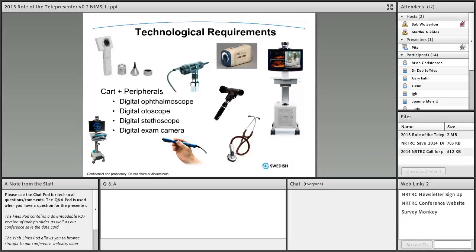As you can tell, there's quite a varied number of them. Training is really done specifically to the peripheral devices that have been chosen. Part of the training literally lets the attendees, whoever's going to be telepresenter, touch the equipment multiple times, so they start building that muscle memory. That's another way of trying to assure success for them.